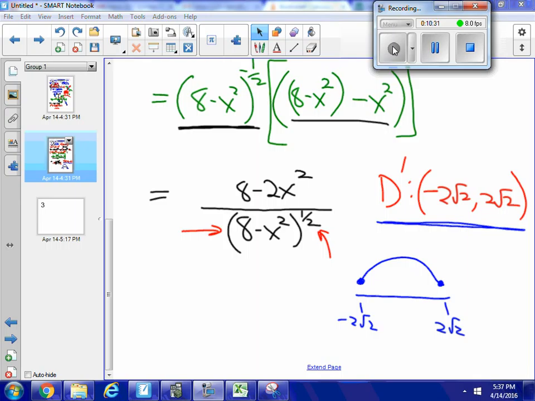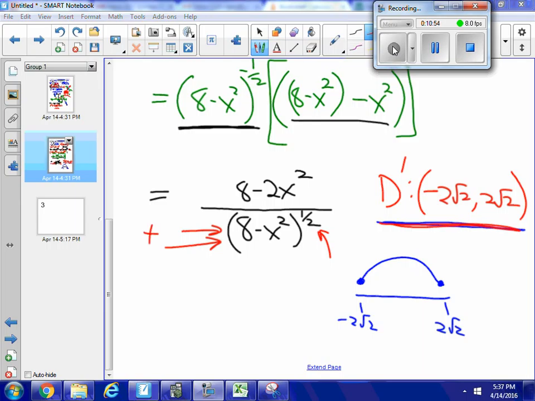The other thing that this means, and I'm going to come back to this later on, is that our denominator, because we have this restricted domain, is always going to be a positive number. We've restricted our domain in order to keep it positive because we can't have a square root of a negative number.